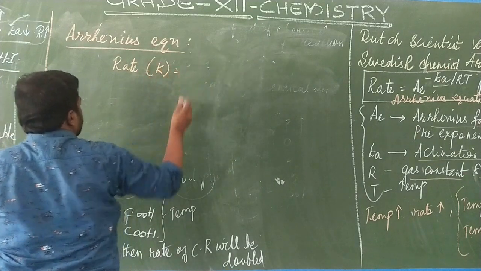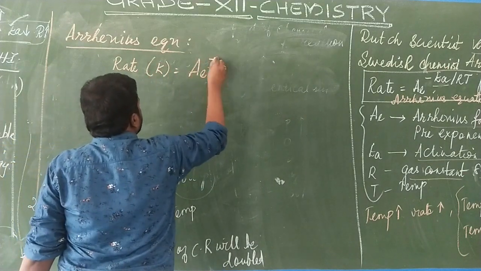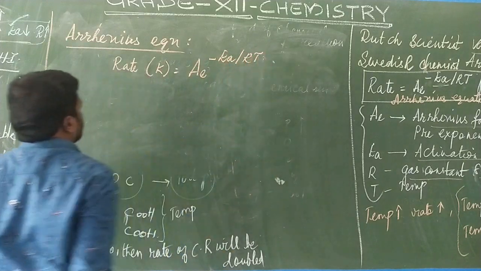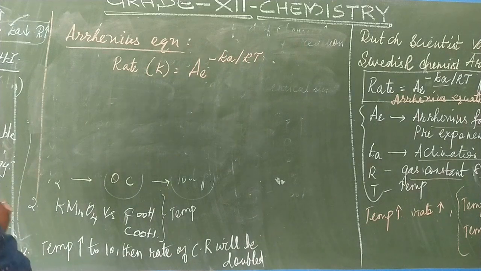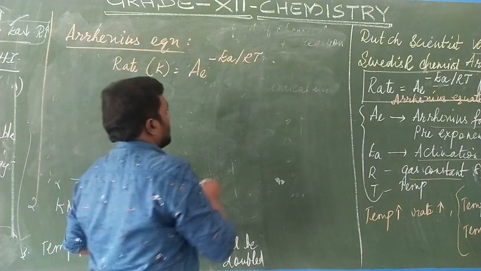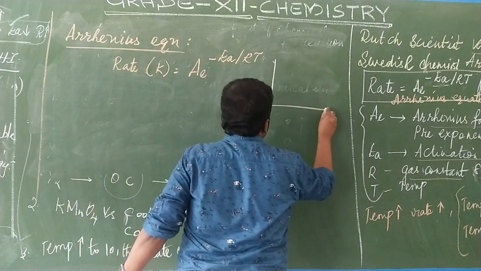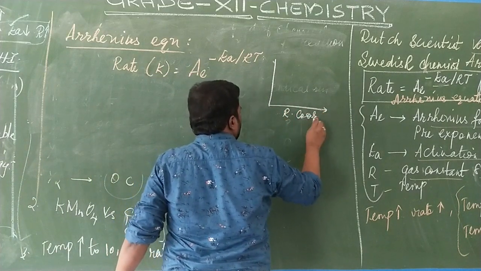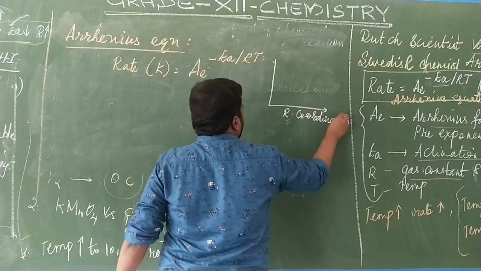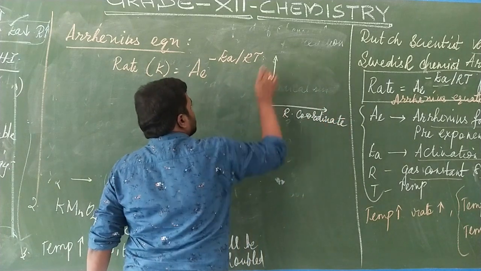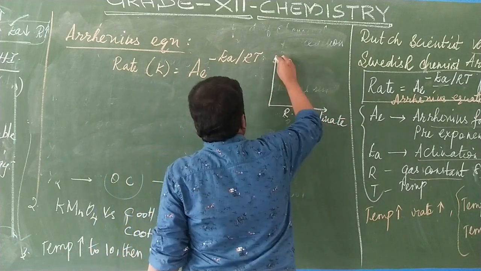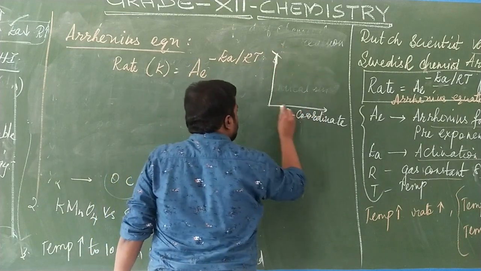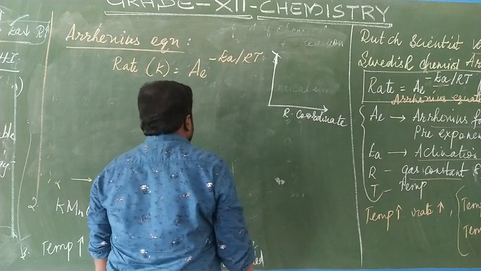K will be equal to A e to the power minus Ea by RT அப்படின்னு எழுதலாம். ஸோ இது கூட நான் ஒரு கிராஃப் போடலாம். அதே reaction coordinate, this is potential energy. Now you see the intercept, okay? Intercept, and here you have got the reaction coordinate.